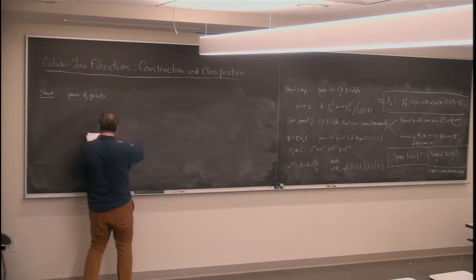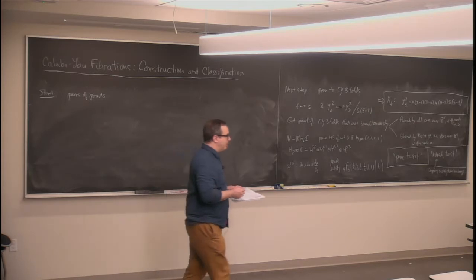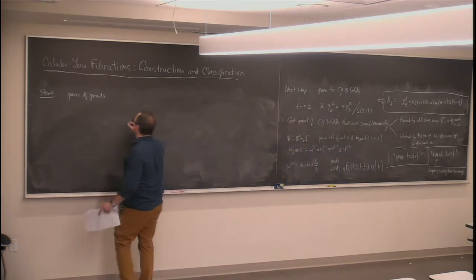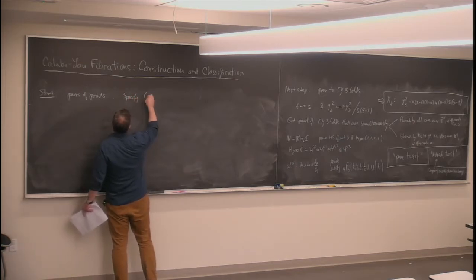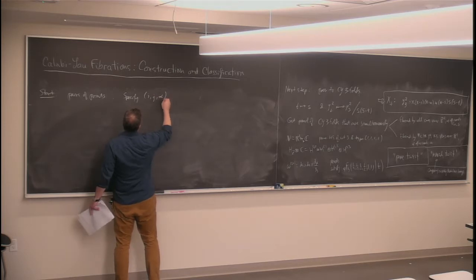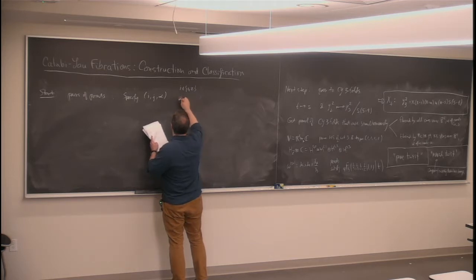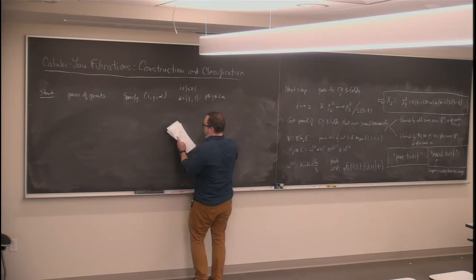Starting from my pairs of points, I want to specify a triple of integers, i, j, and alpha, where i is either 1 or 2, alpha is either 1/2 or 1, and j is between 1 and 2 alpha.